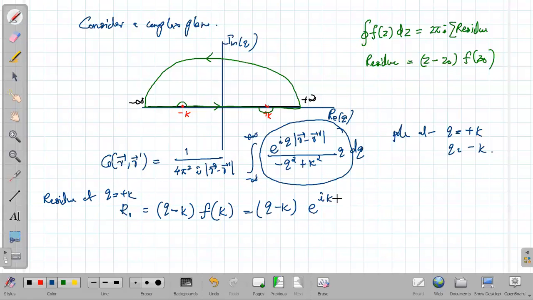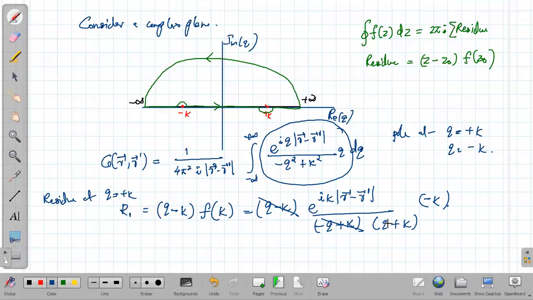e raised to ik modulus of r minus r prime divided by minus q plus k, then q plus k, into k. So this q minus k and minus q plus k would cancel, and there can be a minus sign.